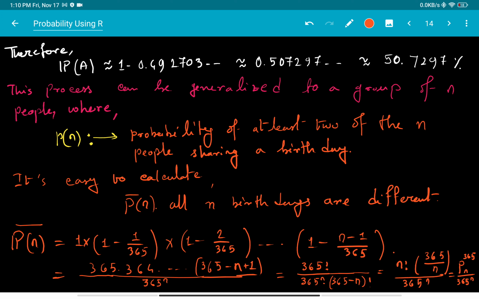So the event that at least two of the n persons have the same birthday is complementary to all n birthdays being different.